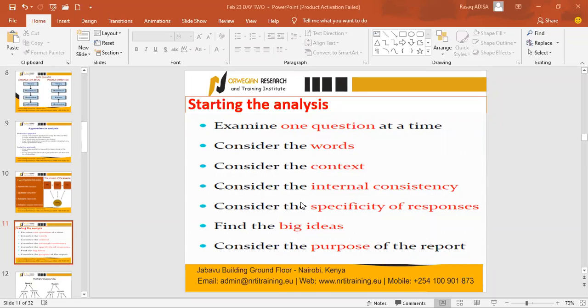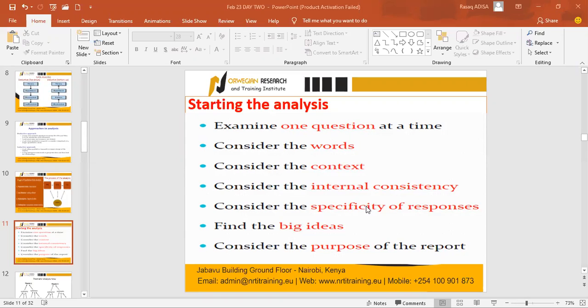Then again, consider the internal consistency. Internal consistency is that when you are doing the coding, try to look at the pattern of their talk. Which area are they laying the emphasis on? Is it on agriculture? Maybe agriculture affects them in so many ways.